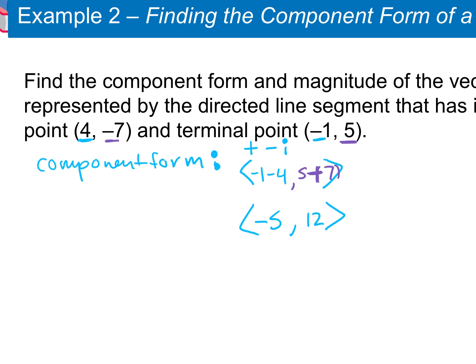All right, next it asks us for the magnitude. So the magnitude, we would name it as the magnitude of v, so with the double bars here. So with our magnitude, once we have component form, we can take the square root of the first term squared, so -5 squared plus the second term squared, 12 squared.